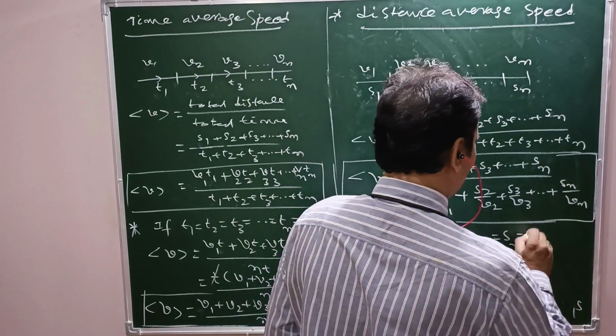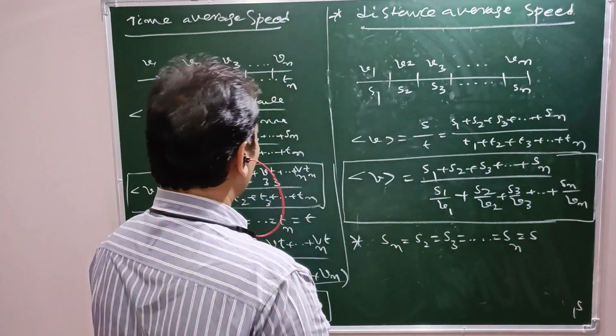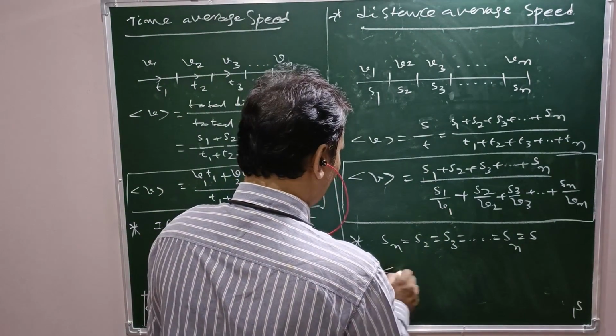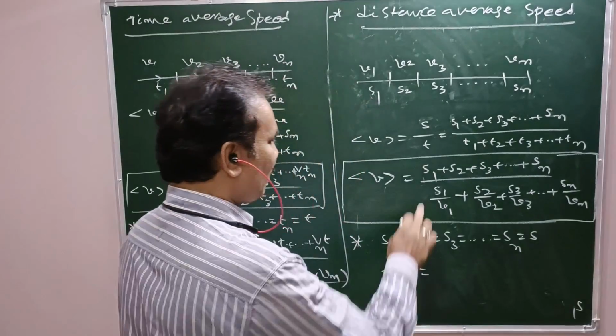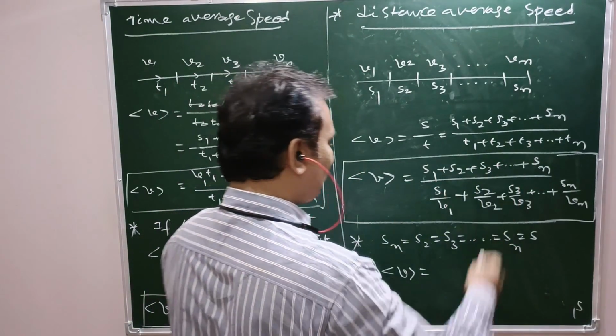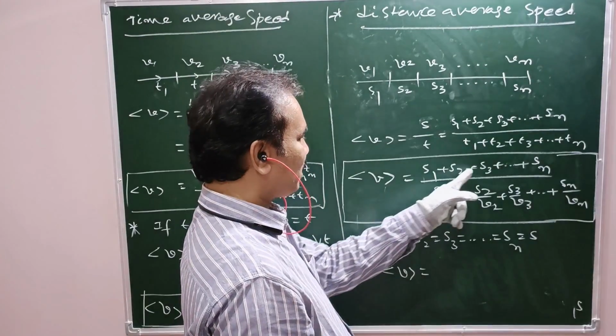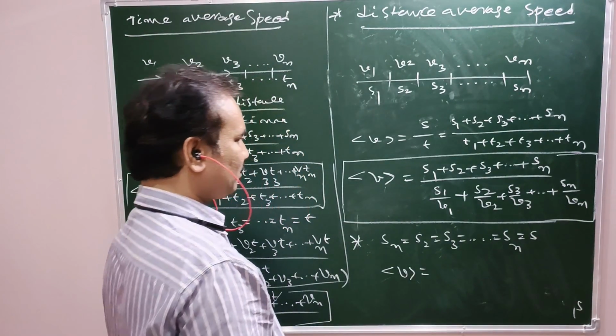Now replace here: V, the average speed, equals S1 plus S2 plus up to and so on, that is S plus S plus S plus and so on.